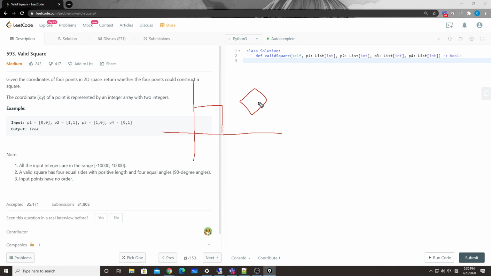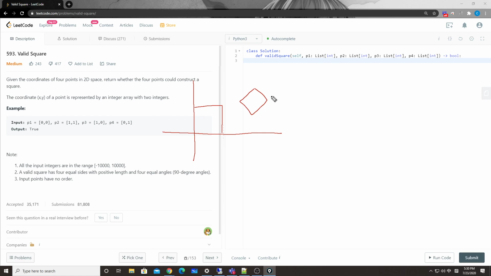So actually the core concept here is how can we make sure this geometry graph is a square? What does square mean? Square means, first, each of the edges are the same length.